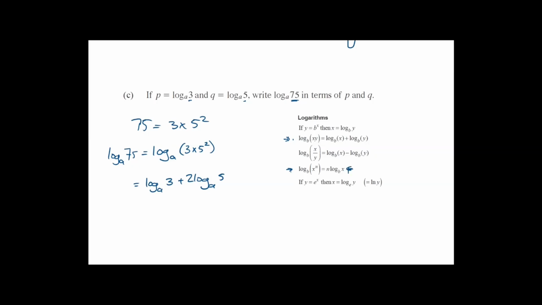So now we have log_a 75 in this thing here, and lo and behold, that is P, that is Q, it's just multiplied by 2. So log_a 75 is P plus 2Q. It looks a lot harder than it actually is. So as long as you stick to the formula here and have an understanding and intimacy with those, you can probably work your way through that.